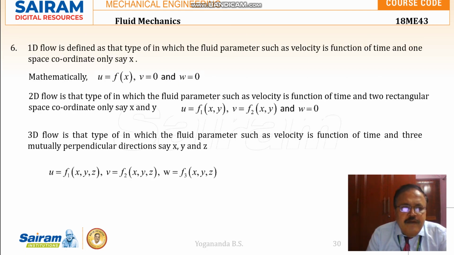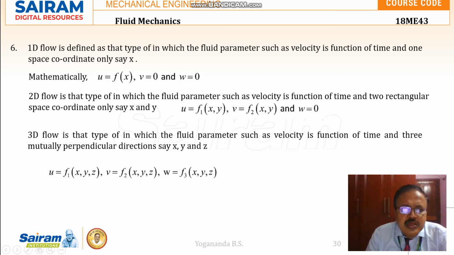Then the last type of flow, that is 1D, 2D and 3D flow. 1D flow is that type of flow in which the fluid parameter, for example velocity, is a function of time and one space coordinate, say x.